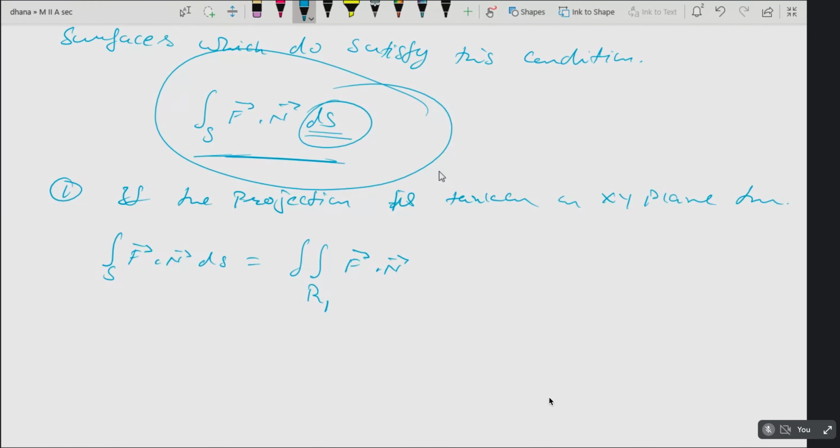Now since you have taken the projection in the xy plane, you will have dx dy divided by modulus of n bar dot k bar. Understood all of you? So this formula you have to remember. We are not going to prove any of these formulas, but you have to remember this.